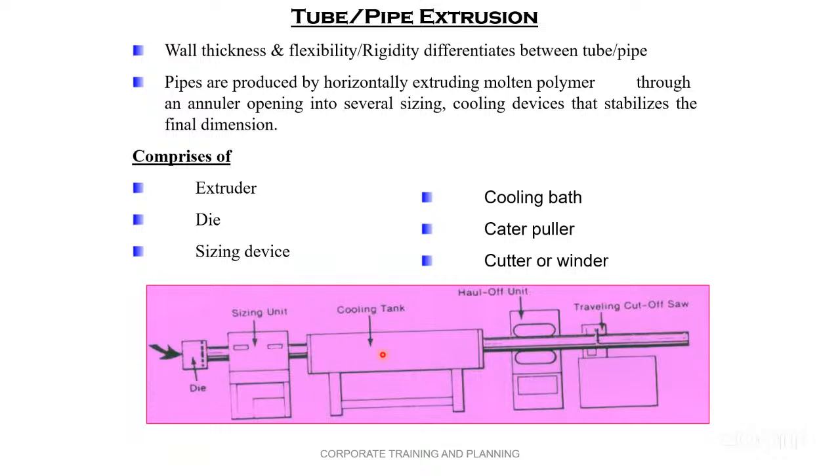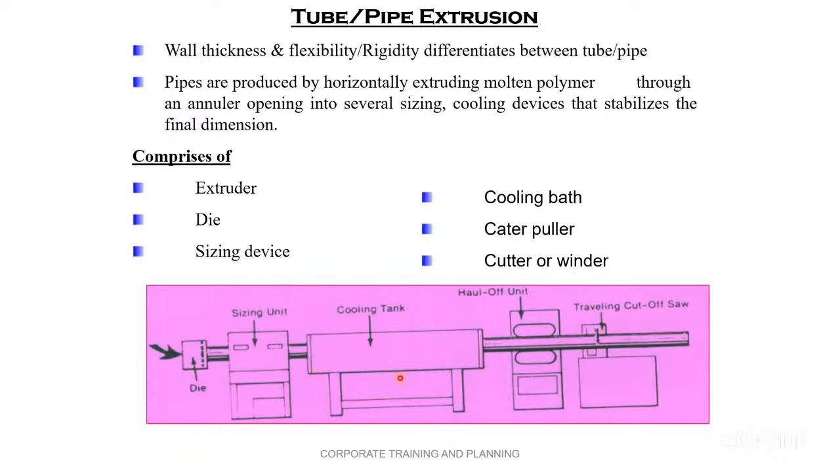But if you see here in this case, a polyethylene pipe, or maybe a polypropylene pipe, it is semi-crystalline material, and therefore we are keeping a longer tank, because it cools slowly, to remove the heat completely from the product.